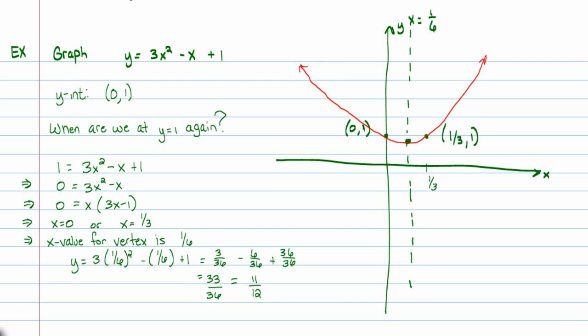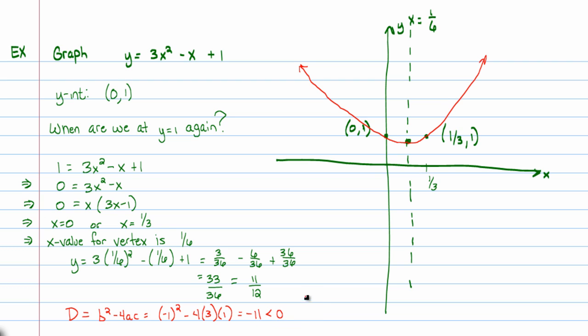But if you're the type that needs to do all the math before you graph, then when you try to find the discriminant here, which is b squared minus 4ac, you'll see b squared is going to be a negative 1 being squared minus 4 times a times c. That'll be 1 minus 12, or in other words, negative 11, which is less than 0.